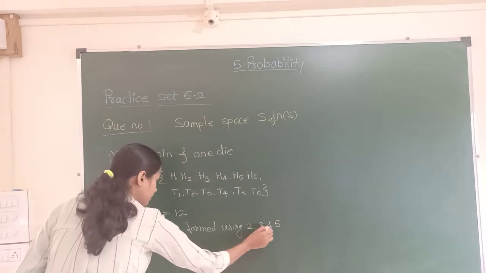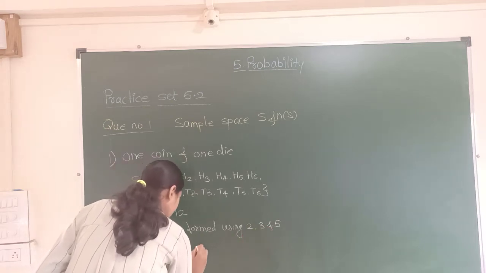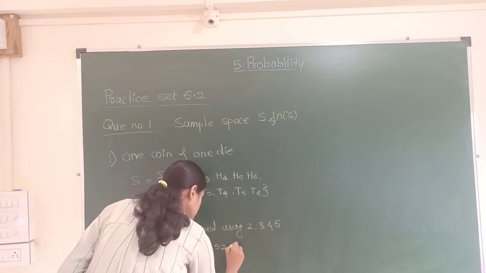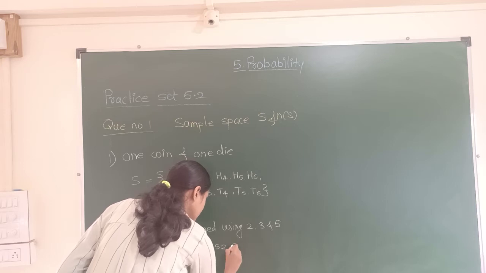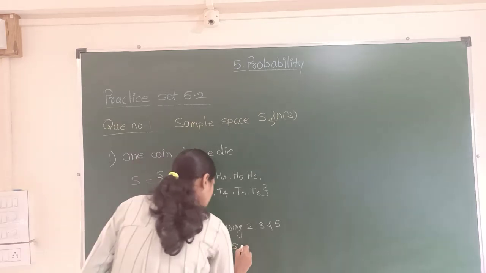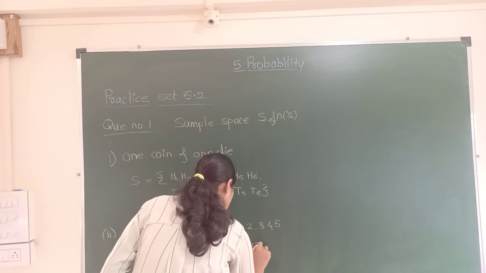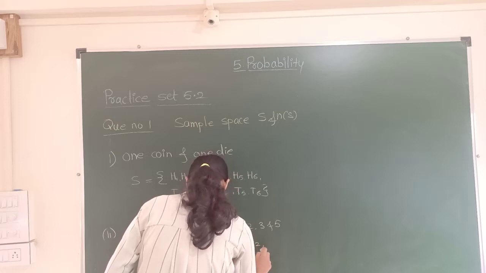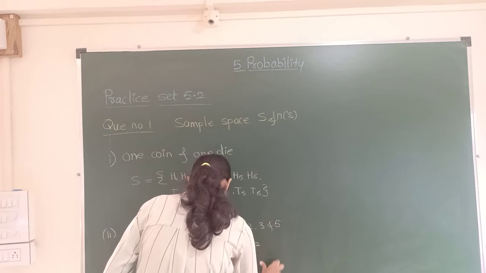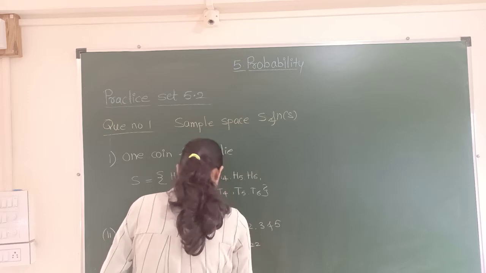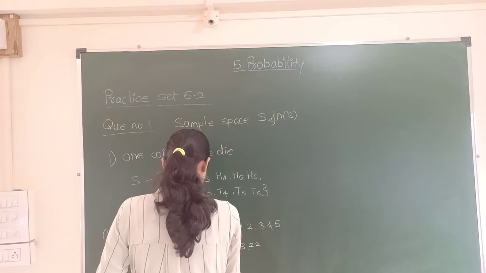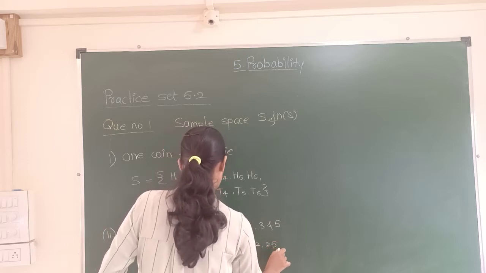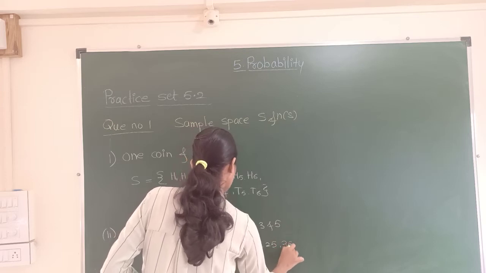Which are they? We will use 23, then 32, then 52, then 53, then 22, 23, 25 and 35.